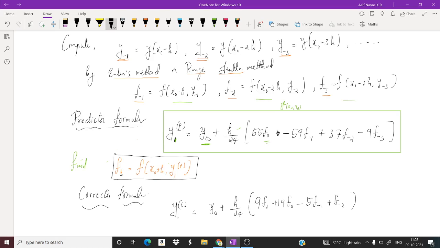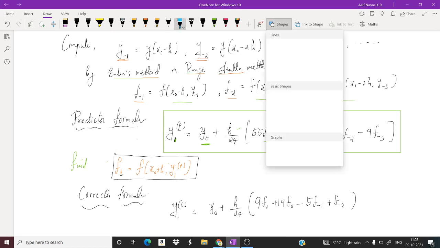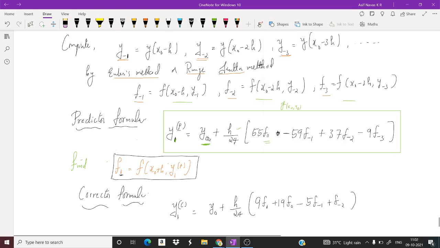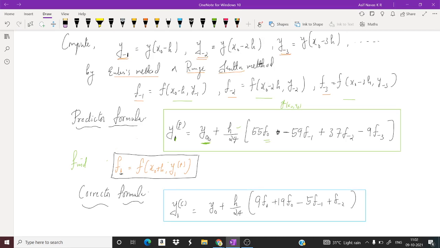We derive these formulas using the Lagrange method and Newton backward difference formula, so we don't need any derivation. You only need these formulas, so please note them down.